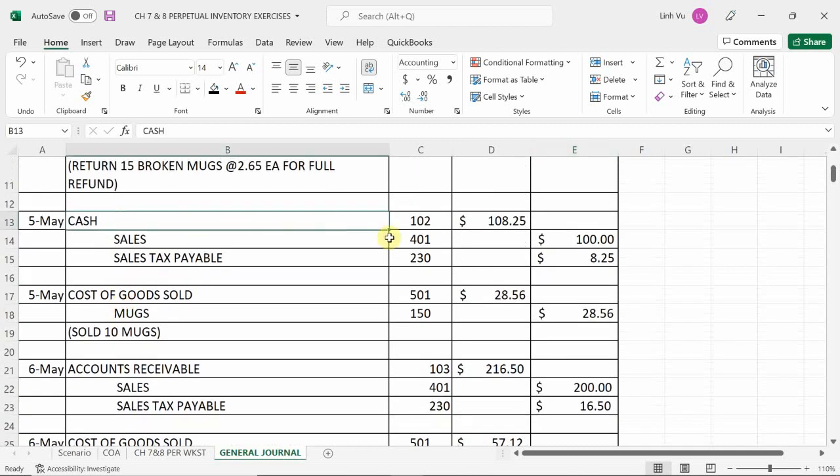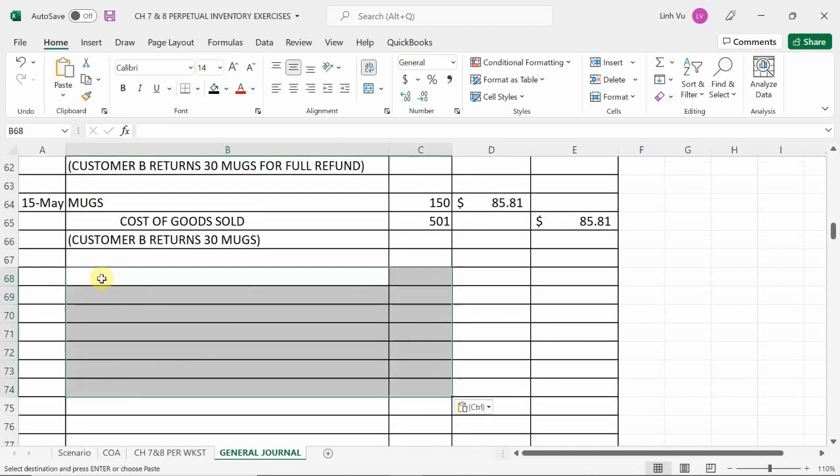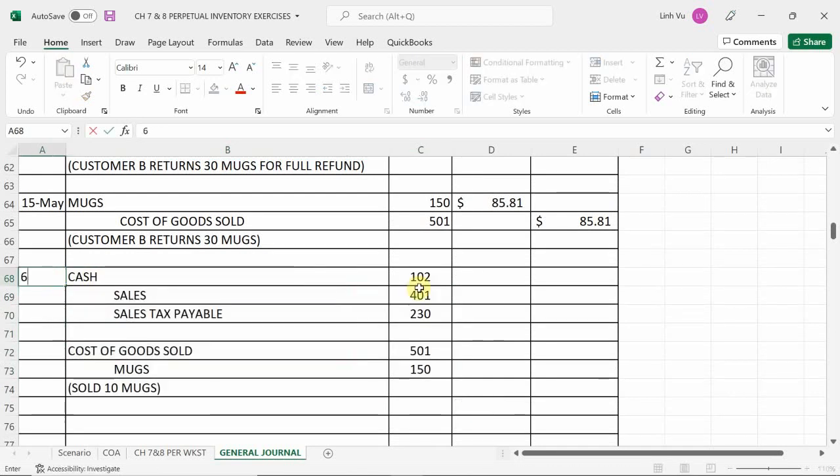So cash sales, and then we're going to have to adjust our inventory anyways. So we received cash for the sale on the 15th, and then we need to adjust my inventory for those sales.